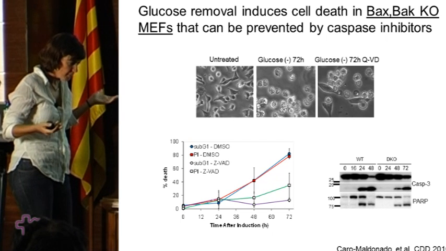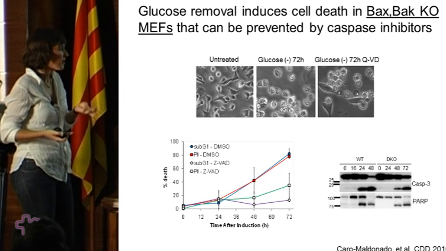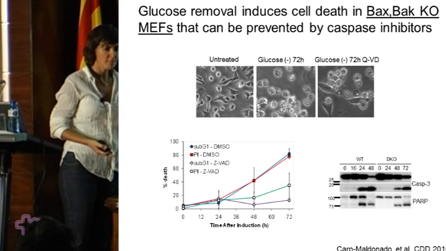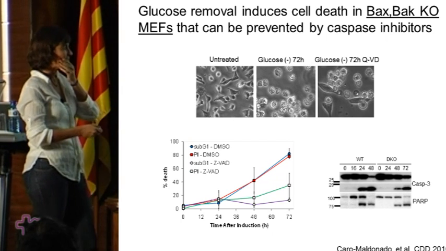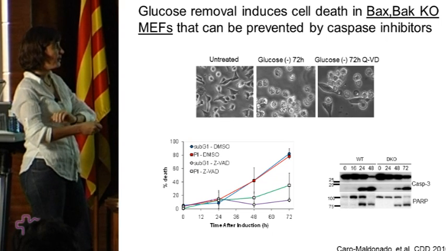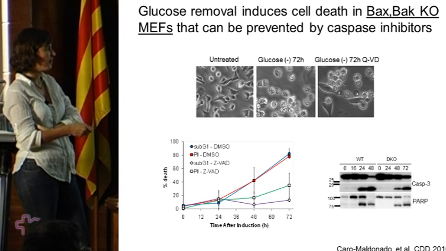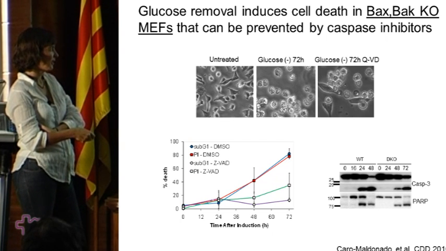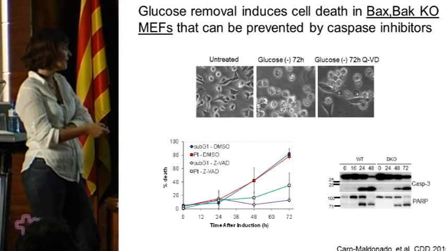We expected necrosis because glucose deprivation had been shown to kill cells either by mitochondrial apoptosis or necrosis. So when you incubate the cells with caspase inhibitors, they are kept alive even though they detach, but they are alive in the sense that they don't incorporate propidium iodide, the membrane is intact.